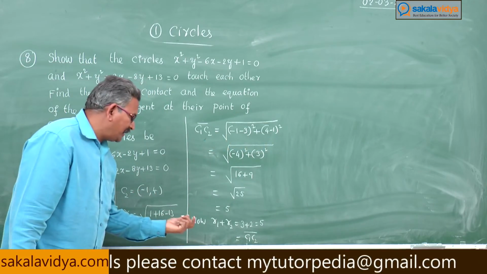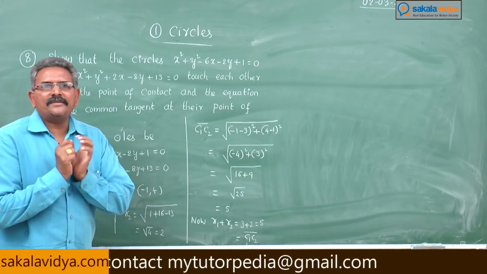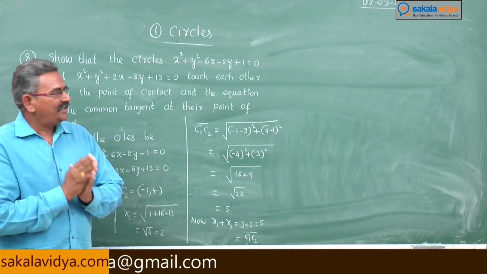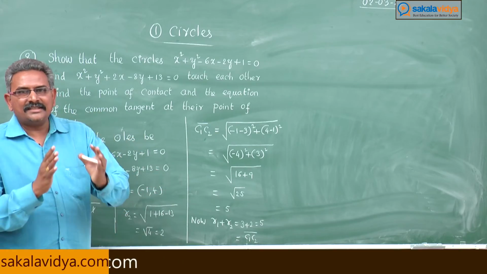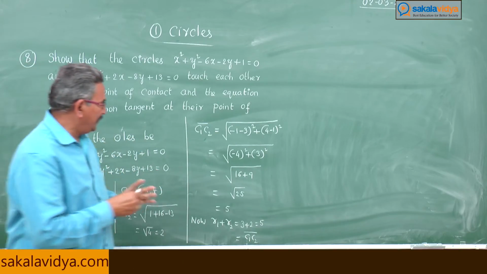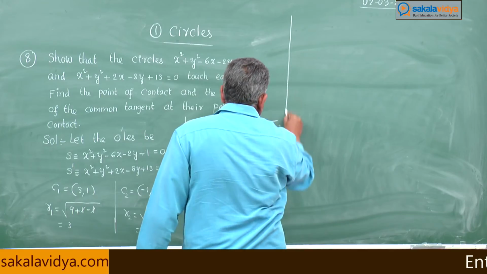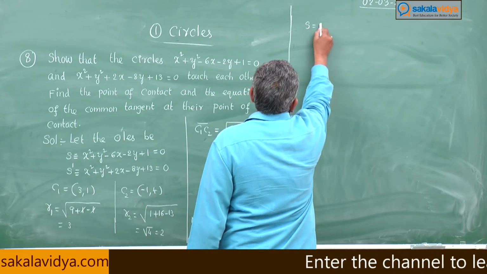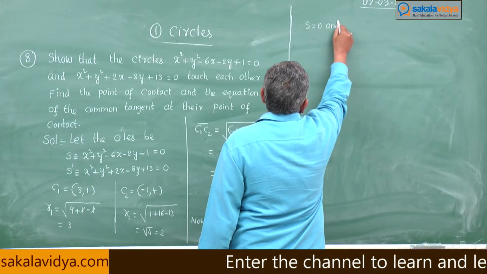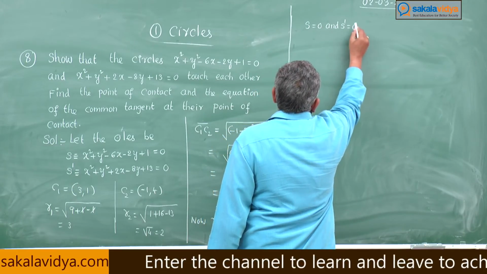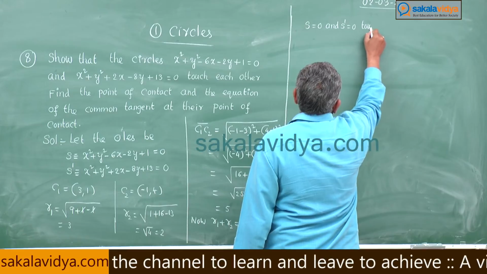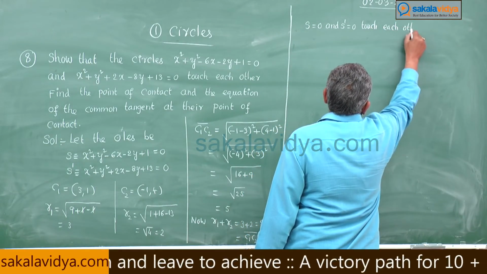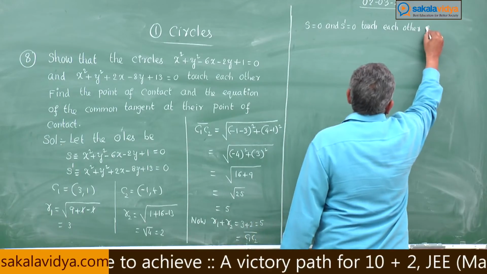If R1 plus R2 is equal to the distance between the two centers of the circles, then we say that the two circles touch each other externally. So, that means S is equal to 0 and S dash is equal to 0 touch each other externally.